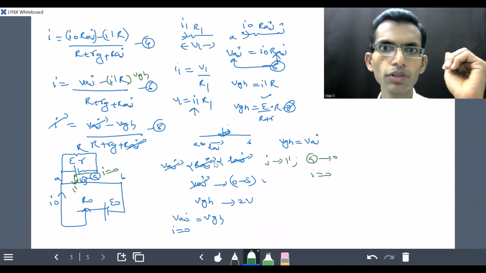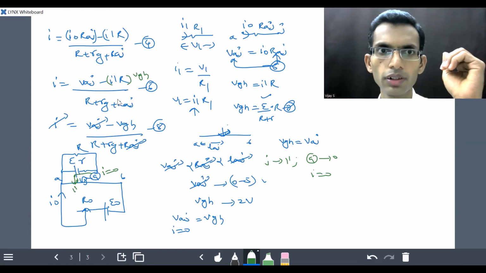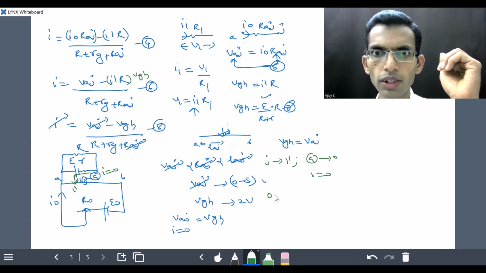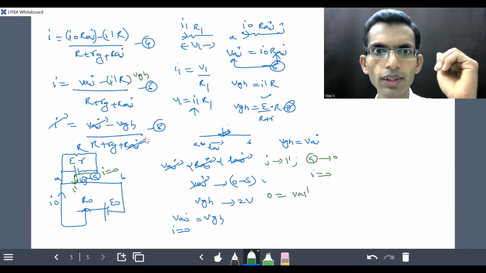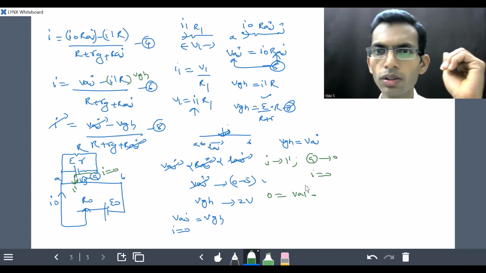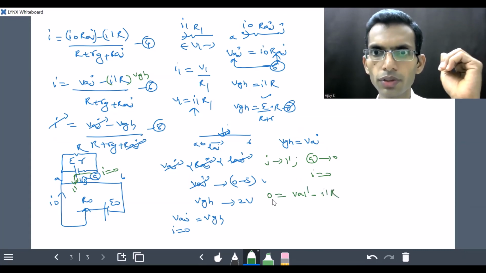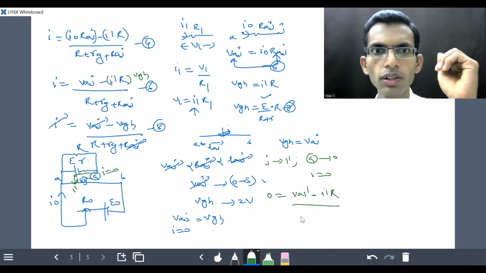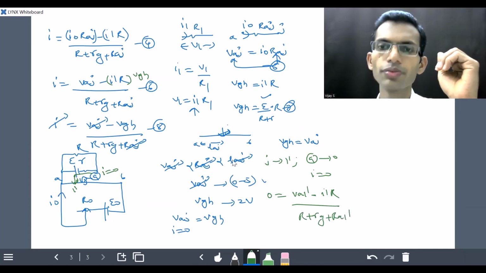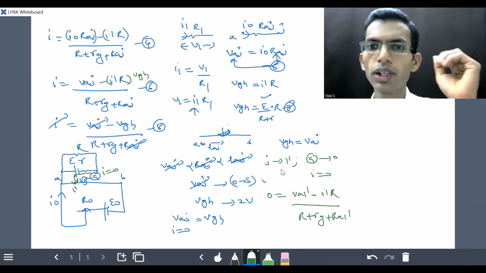So when we substitute, what are we going to get? So in the sixth equation, current becomes 0. So VA1 dash over R plus RG plus RA1 dash. So as LH is 0, what are we going to get?